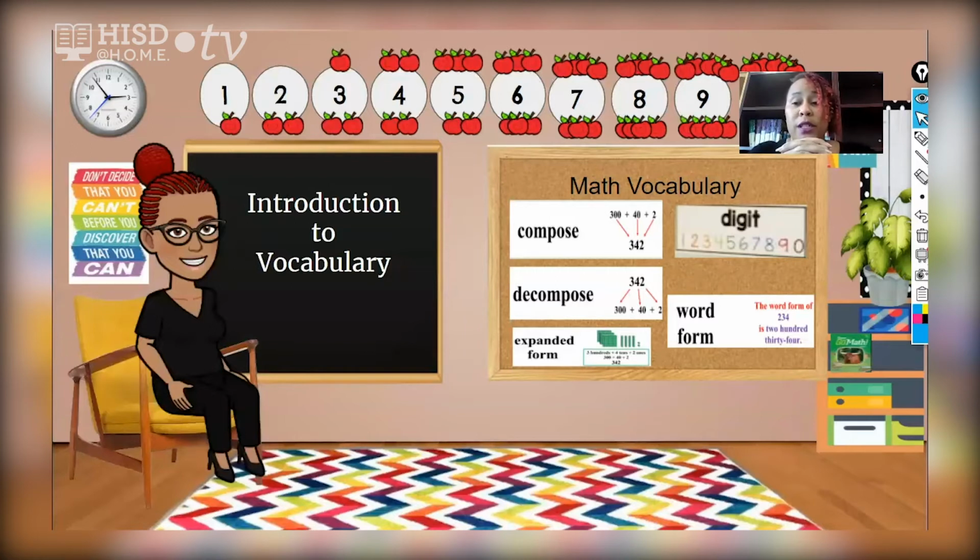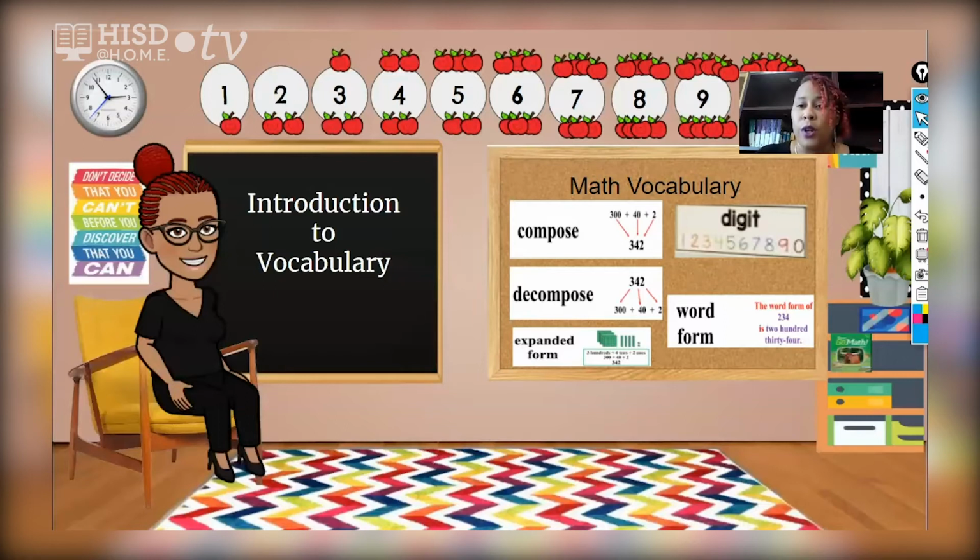If compose means to put the number together, can you figure out what decompose means? Compose means to put the number together, and decompose means to take the number apart.